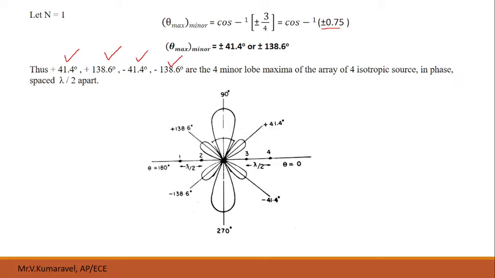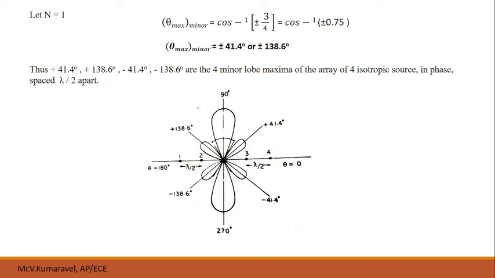So if we draw it in the pattern, we know it is a broadside array where the major lobe is along 90 degree and 270 degree, and 0 degree and 180 degree are along here. Here we considered a 4 element array, so small n equal to 4, and the distance between two elements is lambda by 2.